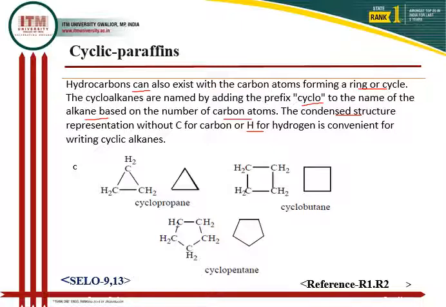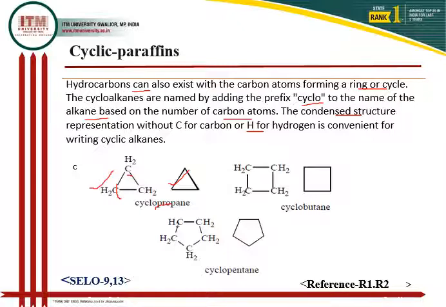Here you can see this is the cyclic paraffin which has 3 carbon atoms, cyclopropane. Either we write cyclopropane like this, or we have this representation. This representation is also giving us the cyclopropane structure.